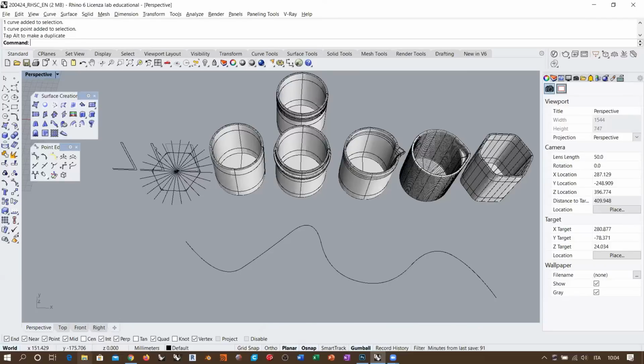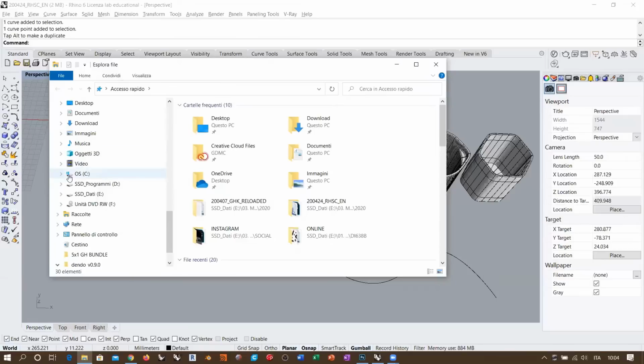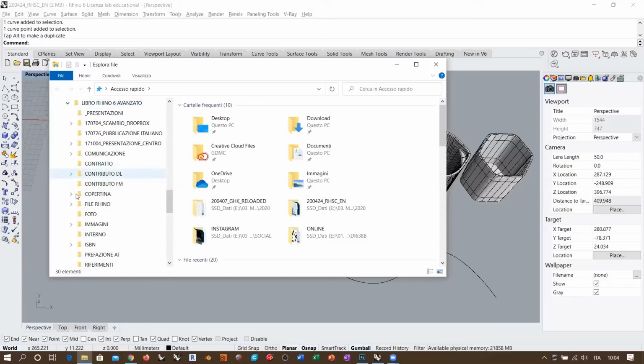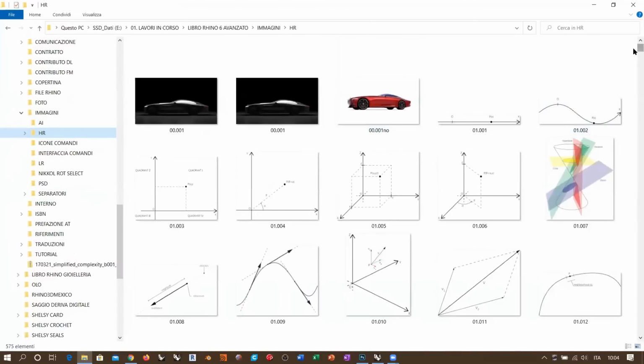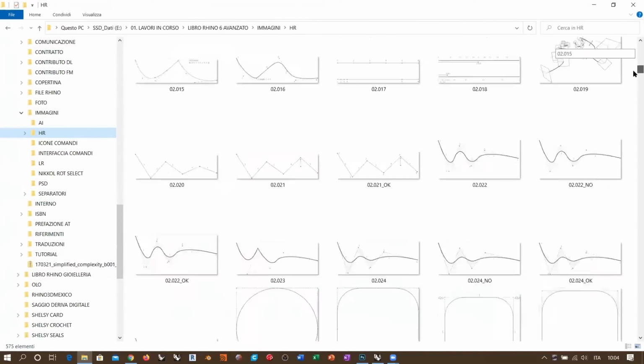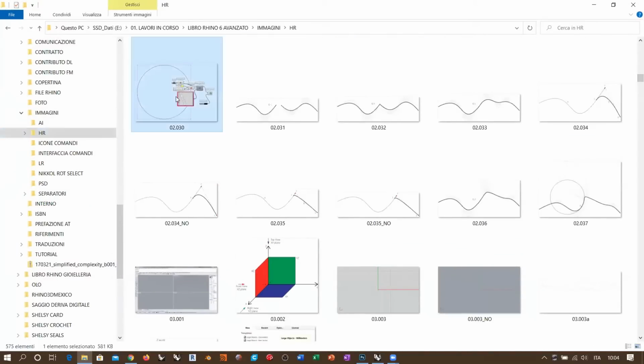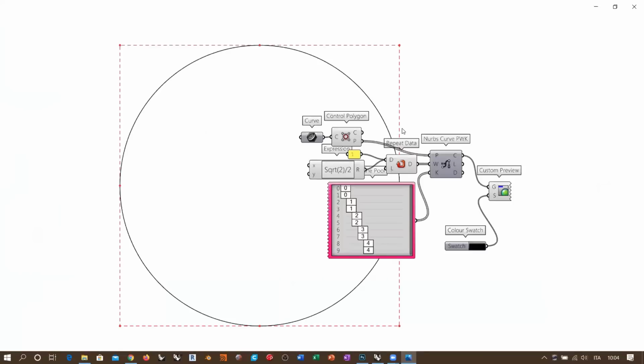If you want, I can show you this picture from the book, because this is really well explained inside the book. So let me take here all the images, and I'm going to find it quickly because, yeah, here it is. Okay, you see it?